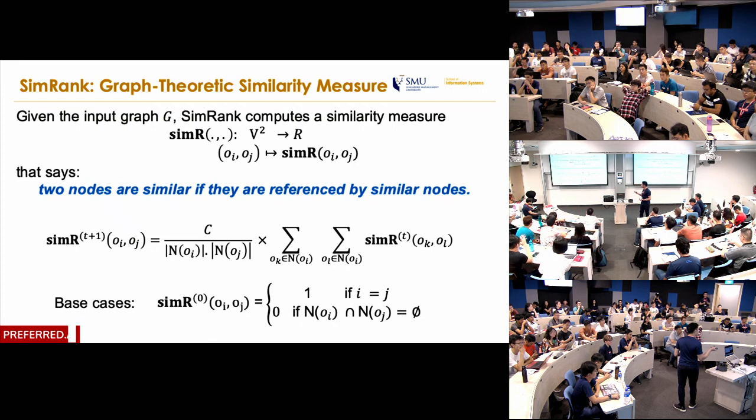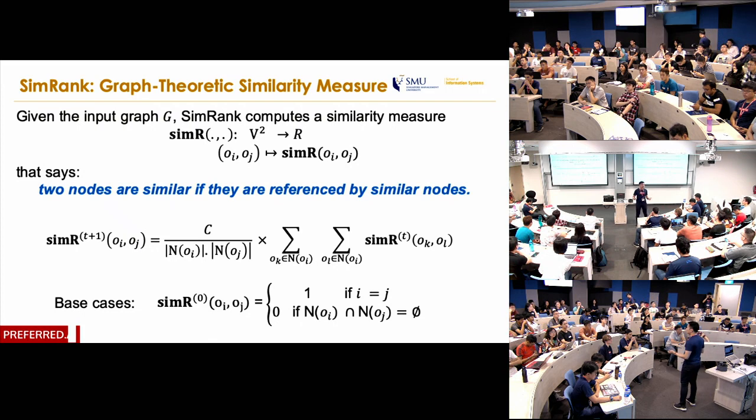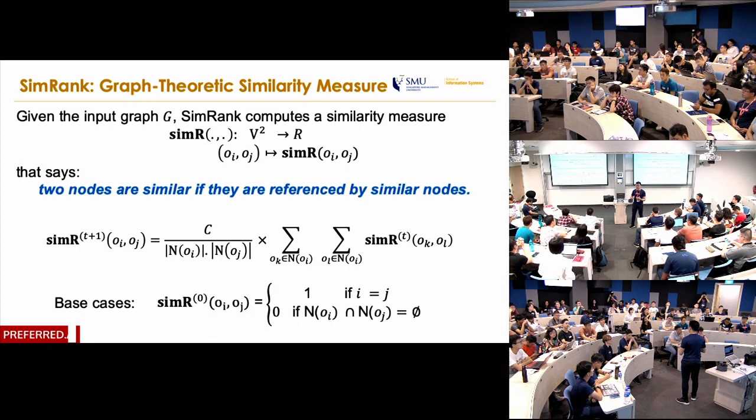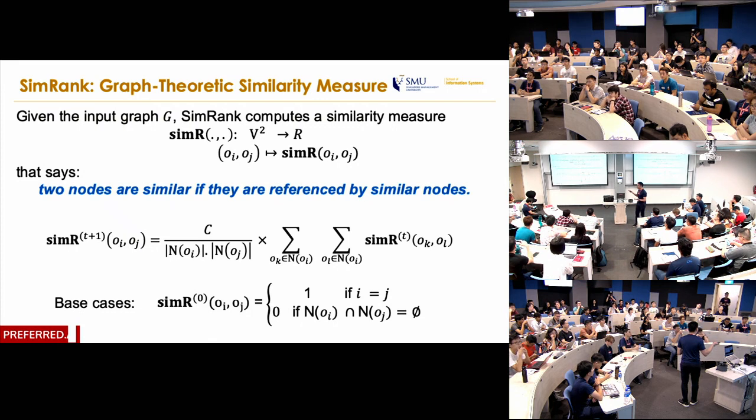Ignoring the math, the underlying principle of SimRank is that two graph nodes are similar if they are referenced to or by two other similar nodes. It's like a friends network: we are similar because we have similar friends. SimRank will then produce a similarity score for any two nodes in the graph.